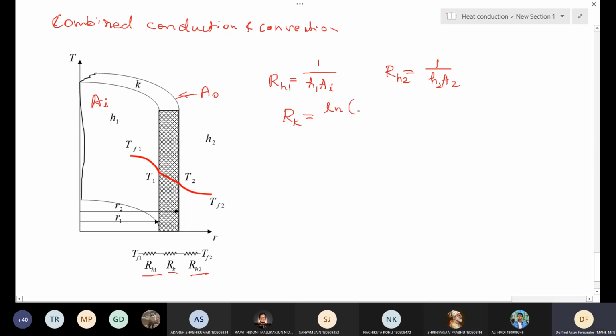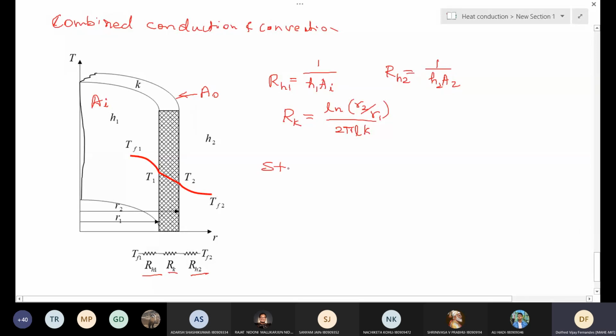Always start with ln. ln R2 by R1 divided by K into 2 pi L. Here we have only one wall, so K. Okay. Any doubt?